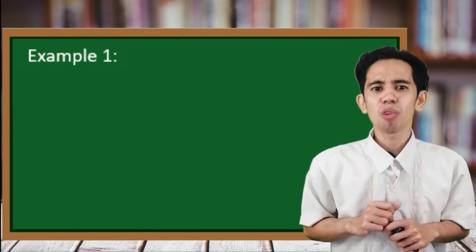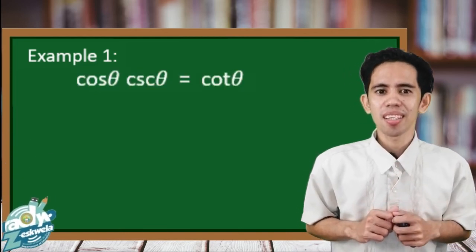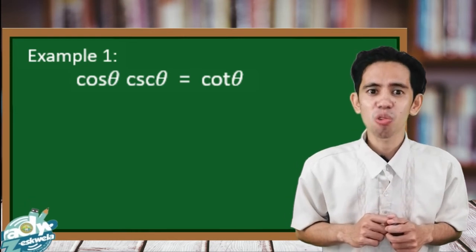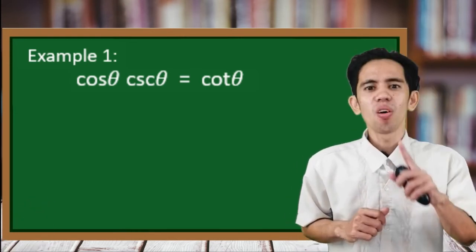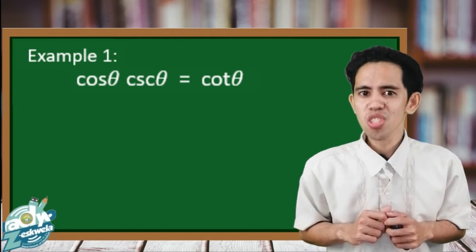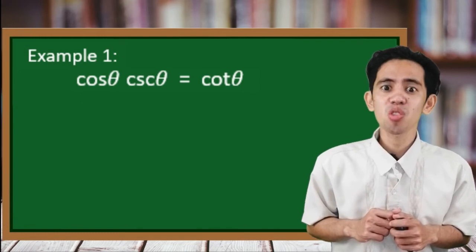For example, number 1, we have cos theta times cosecant theta is equal to cot theta. All we have to do is to convert the terms cosecant and cotangent into sine and cosine terms.